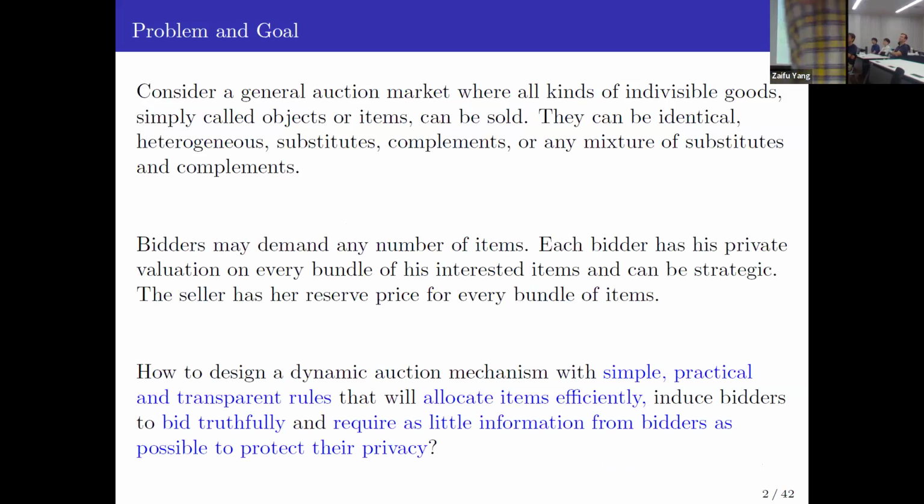So here, let me briefly introduce what the problem is. We consider a very general auction market where all kinds of indivisible items will be sold to a finite number of bidders. Those goods can be identical, can be heterogeneous, can be substitutes or complements, or any kind of mixture of substitutes and complements.